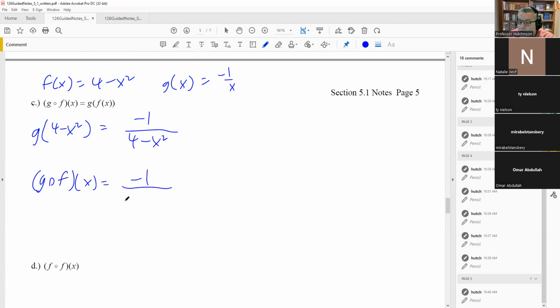Negative 1 over 2 minus x, 2 plus x. Okay, so that was that factored form that you could have put in from the start as well. So instead of using 4 minus x squared, we could just use our factored version that we did earlier and plug that in there and get that as the answer. It's a single fraction that's factored, and so that would be as far as we have to go.